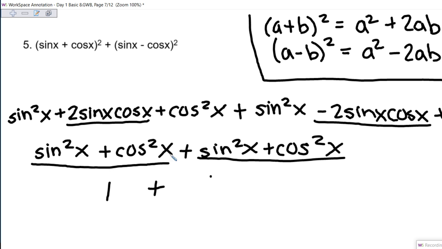It's just 1 plus 1, which is, oh my goodness, it's 2. 1 plus 1 is 2. There's a question? How did we get 1 again? Because it's our identity. Sine squared plus cosine squared is equal to 1. Okay.